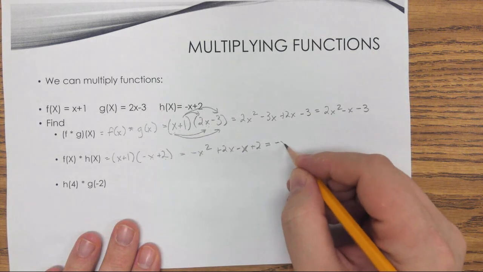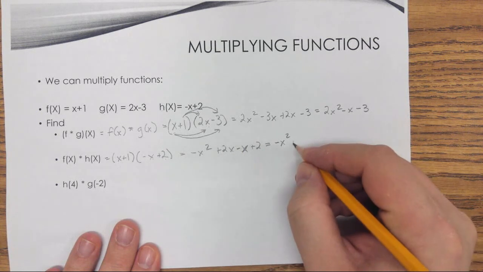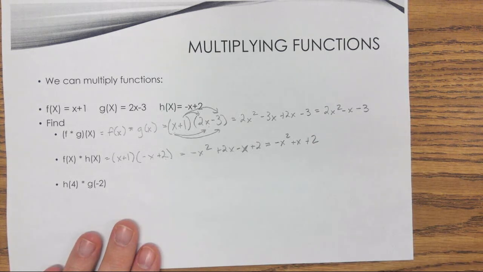So I've got negative x squared, 2x minus x is plus x, plus 2. And we're going to multiply those together.